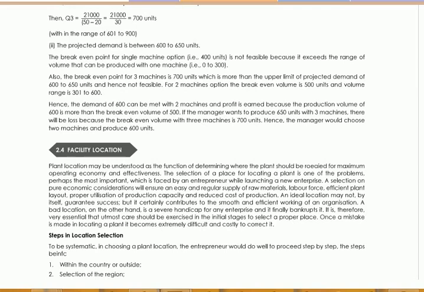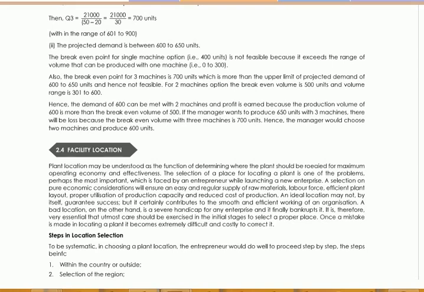So the first machine is not at all feasible. Try to understand: the break-even point is 400 units and the highest range for the first machine is 300. So purchasing one machine is not at all feasible.